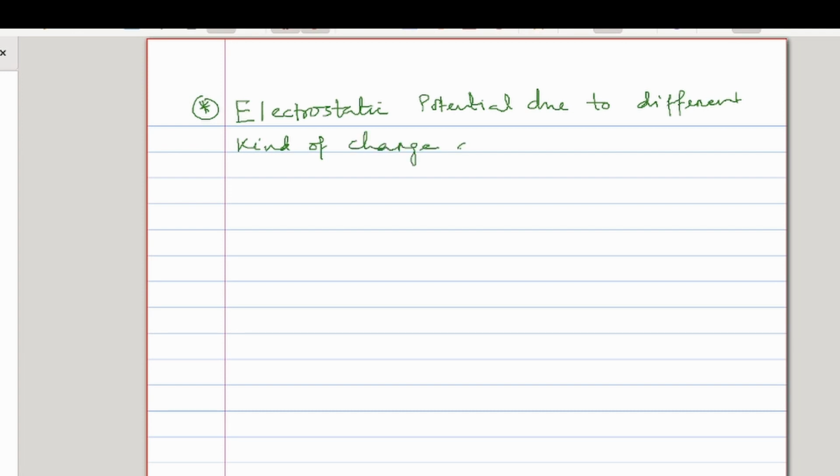So in electrostatic 1 part that I skipped is that I have not calculated the electrostatic potential, sorry, due to various charge distribution, due to different kind of charge distribution.